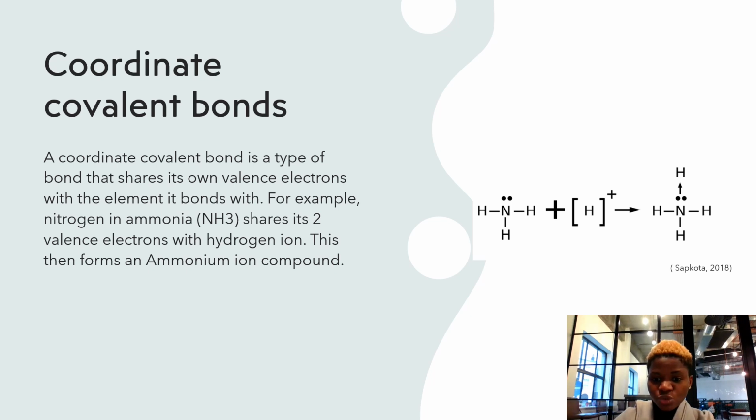For example, the hydrogen ion is an element that has given out its electron, so it's very unstable and needs two electrons to complete its outermost shell. So nitrogen in ammonia tends to bond with this hydrogen ion to complete its outer shell and make it a stable atom. So that is what a coordinate covalent bond is, and this is it for my assignment.